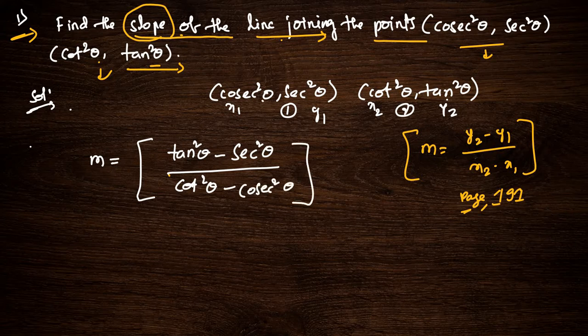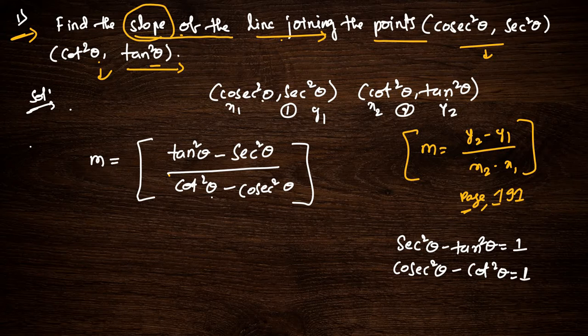Here we have to use identities to get the answer. Secant square theta minus tan square theta is equal to 1, and cosecant square theta minus cot square theta is also equal to 1. These are two identities you will get in the trigonometry chapter. This is coordinate geometry, but the question is on trigonometric basics.